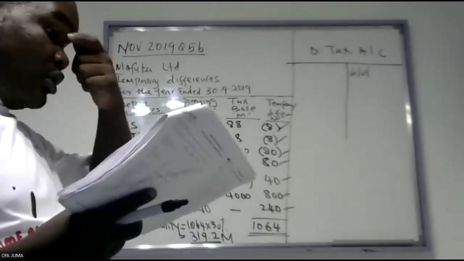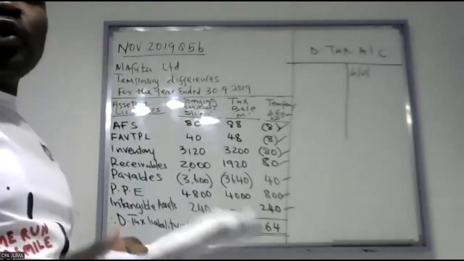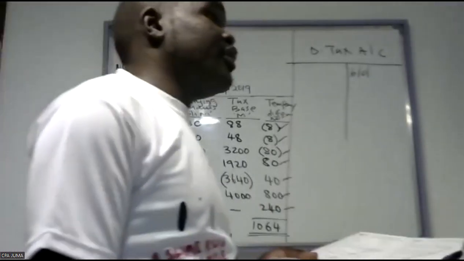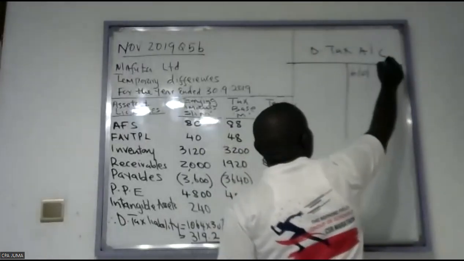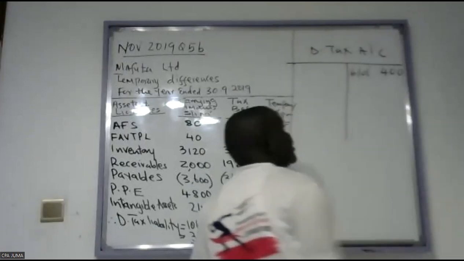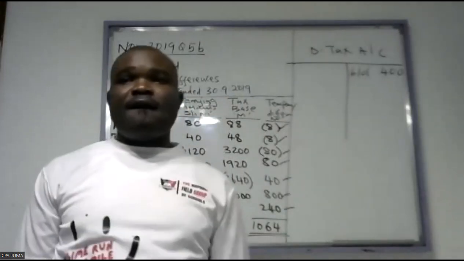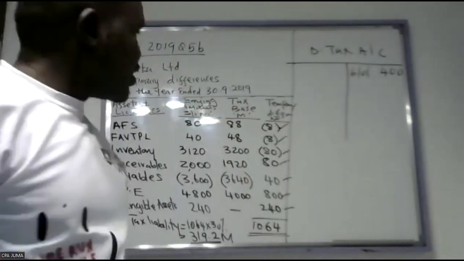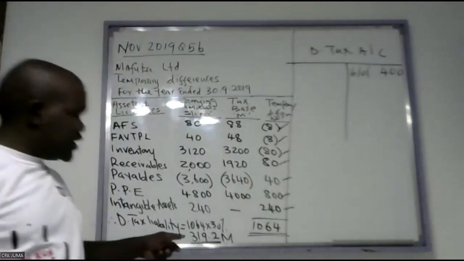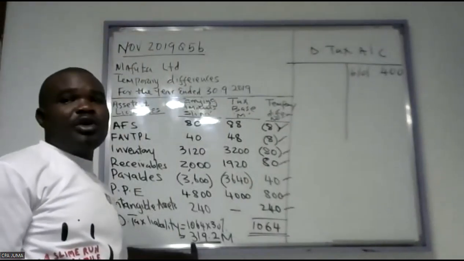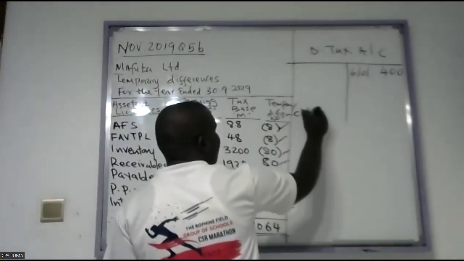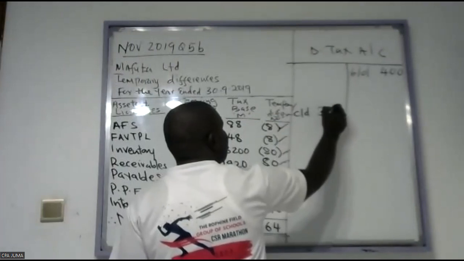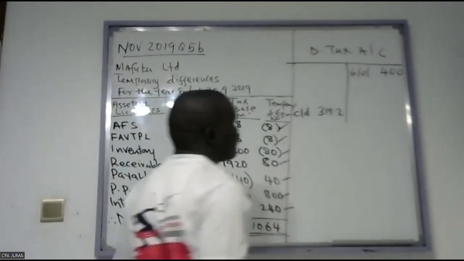Where the question started, I'm seeing 400 million. There is 400, the opening. Then closing is the one which we have just calculated here, the 319.2. So that is the balance carried down: 319.2.